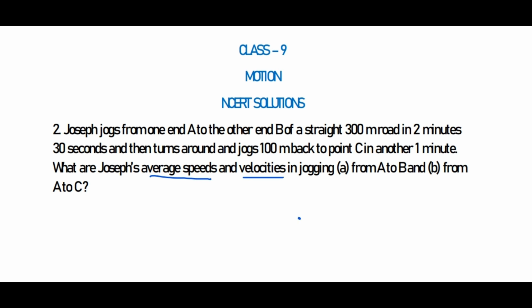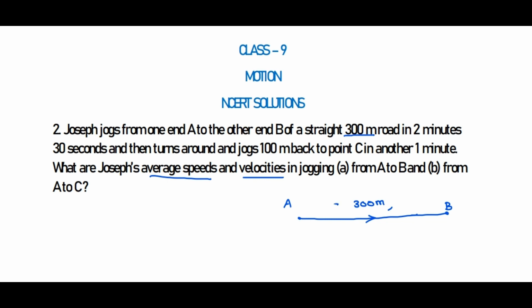This is point A. He is traveling in a straight line like this, reaches point B. So how much distance is there? 300 meter. So the distance between A and B is 300 meter.